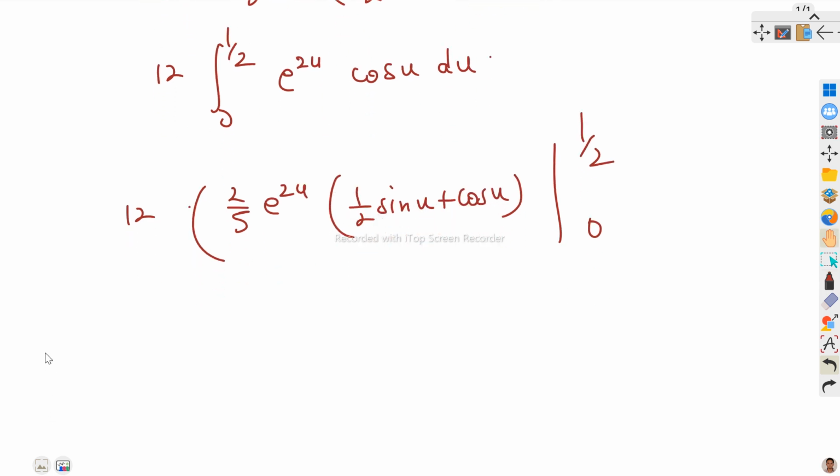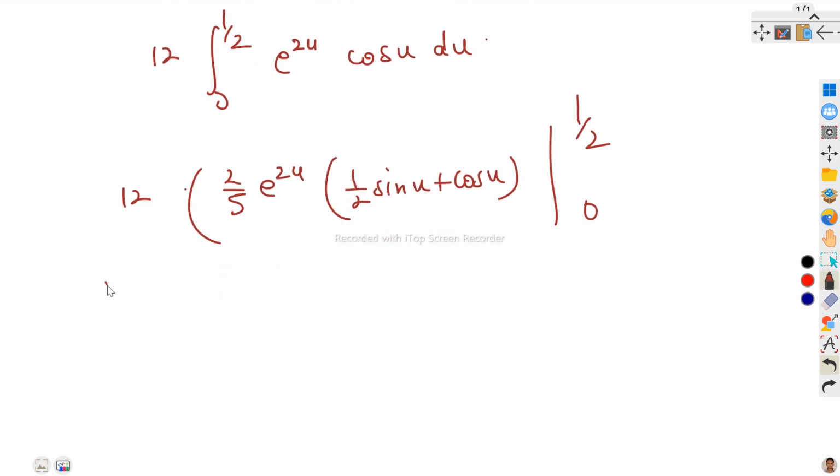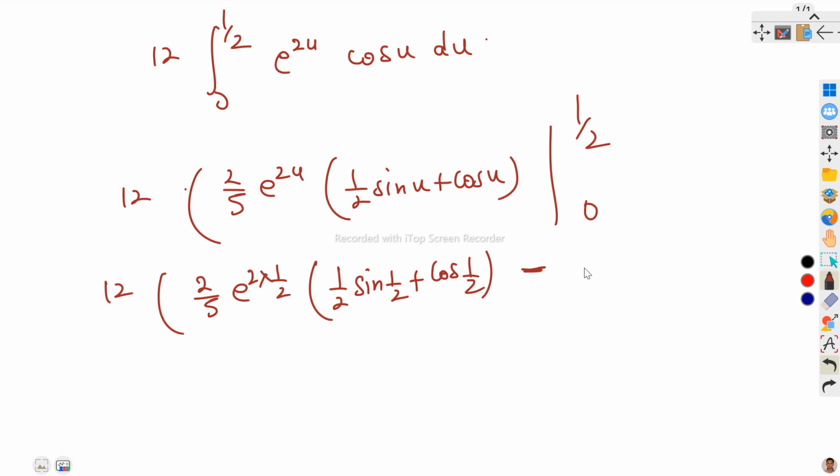So we put in the values: 12 times 2 upon 5 e raised to power 2 into 1 upon 2 times (1 upon 2 sin 1 upon 2 plus cos 1 upon 2), minus 2 upon 5 e raised to power 2 into 0 times (1 upon 2 sin 0 plus cos 0), and this is the value of the integration.